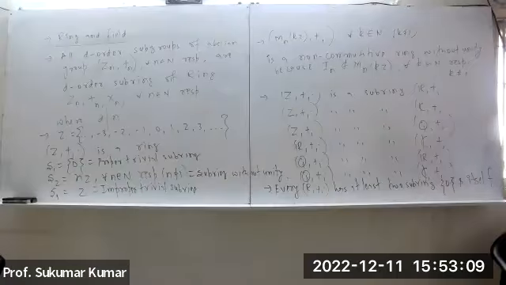Zero is always a subring without unity. Identity 0 is always a subring without unity, we can tell.